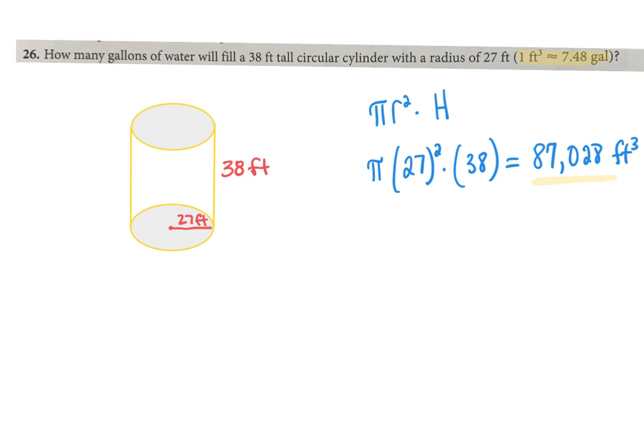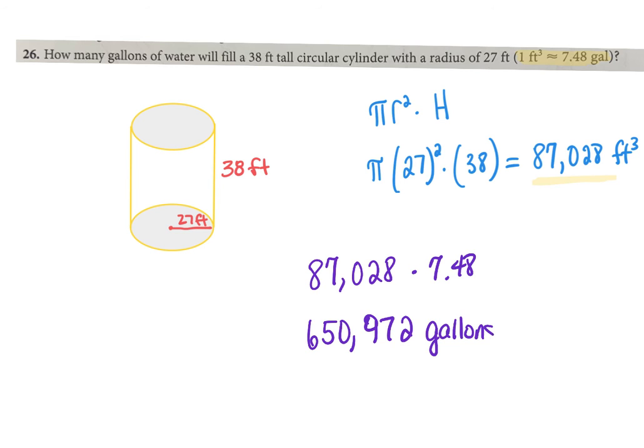So you would have taken this number that you have in cubic feet, 87,028, and you would have multiplied that by your conversion factor of 7.48. And you would have gotten 650,972 gallons of water. All right. Any questions on that?